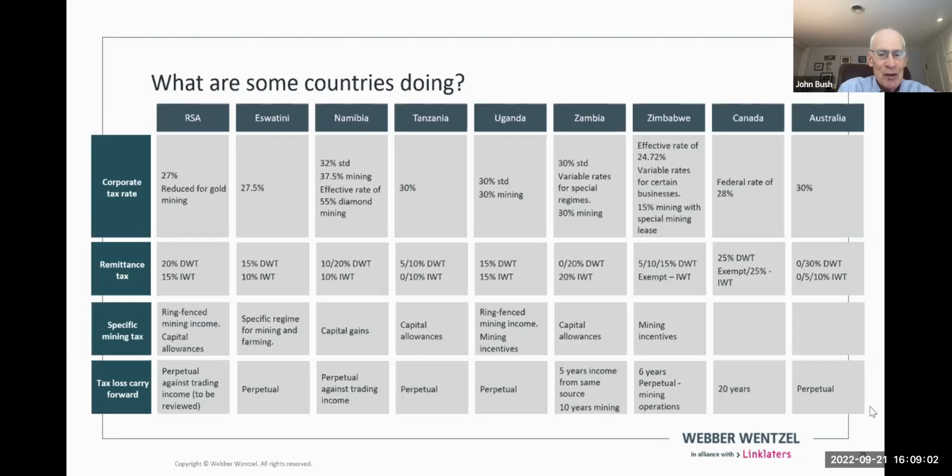Maybe it is in some cases, but okay. So question one is, can you take a loss back and offset it against prior income taxes paid and get a refund? And if you can carry it forward, for how long? And it's interesting that we see perpetual in many cases here, which has not been the case in the US for sure.